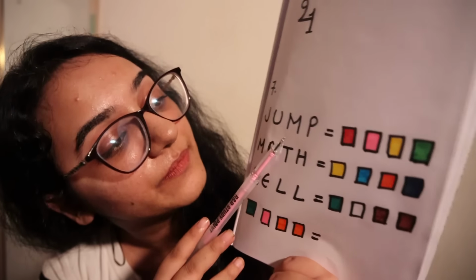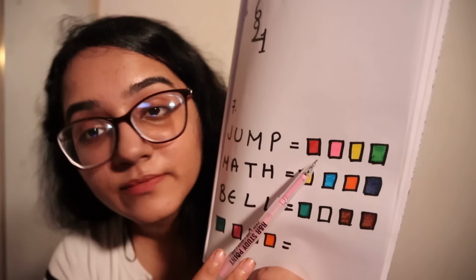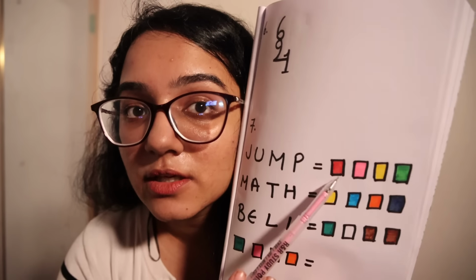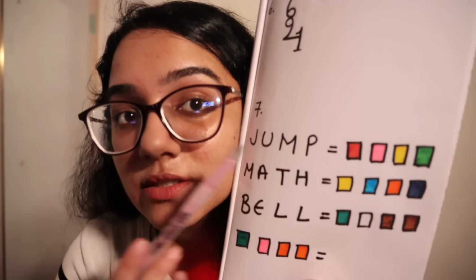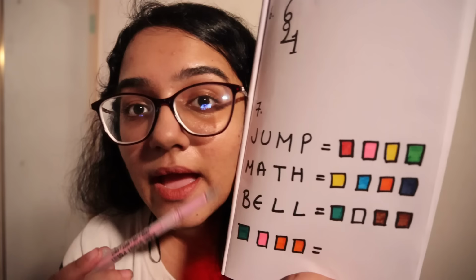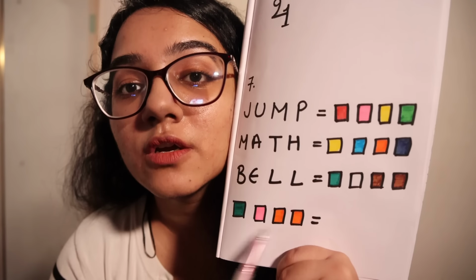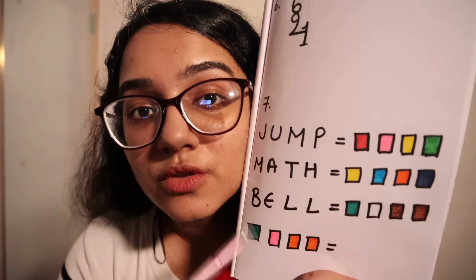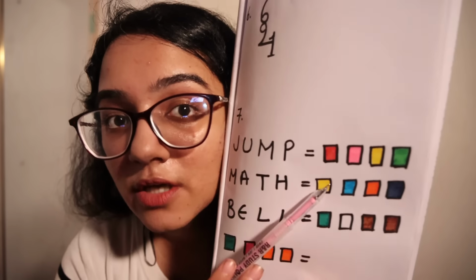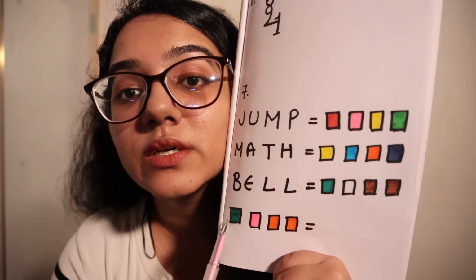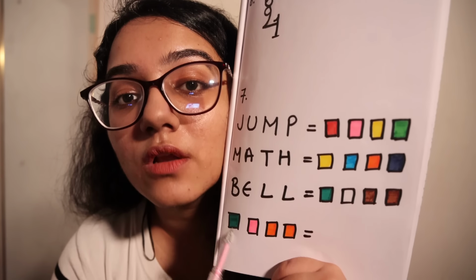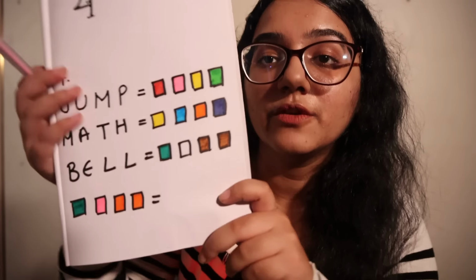For example, J is red, and U is pink. These are 4 colors. Referring to these letters and colors, I want you to tell me what word these 4 colors make. I'm going to give you a few seconds or a minute to figure this out.